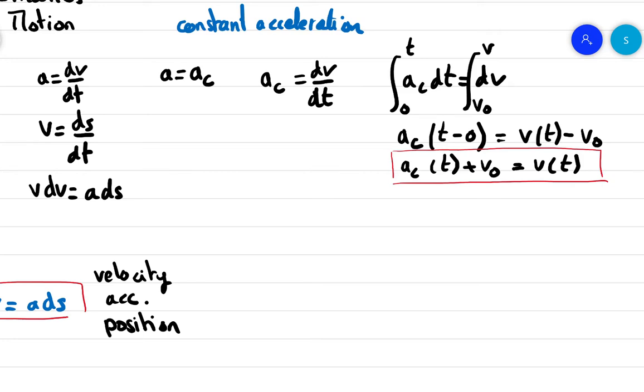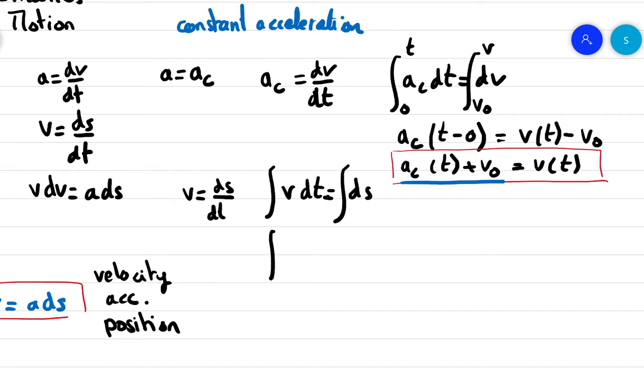Okay. Now let's use the second formula, v equals ds/dt. So we have v equal ds divided by dt. So we can write that v times dt equals ds. And we can take the integral of both sides exactly like we did. But now we will use the formula for v, the general formula that we found for constant acceleration.